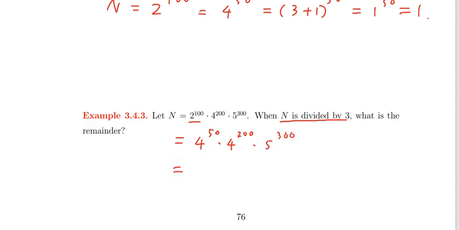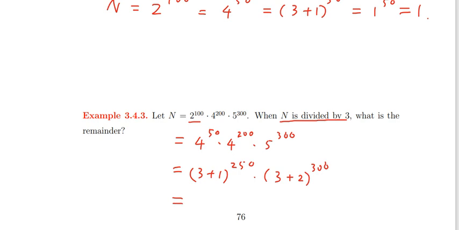And this is 4, we can write this as 3 plus 1, 250. And 5, we can put this 5 as 3 plus 2, 300.